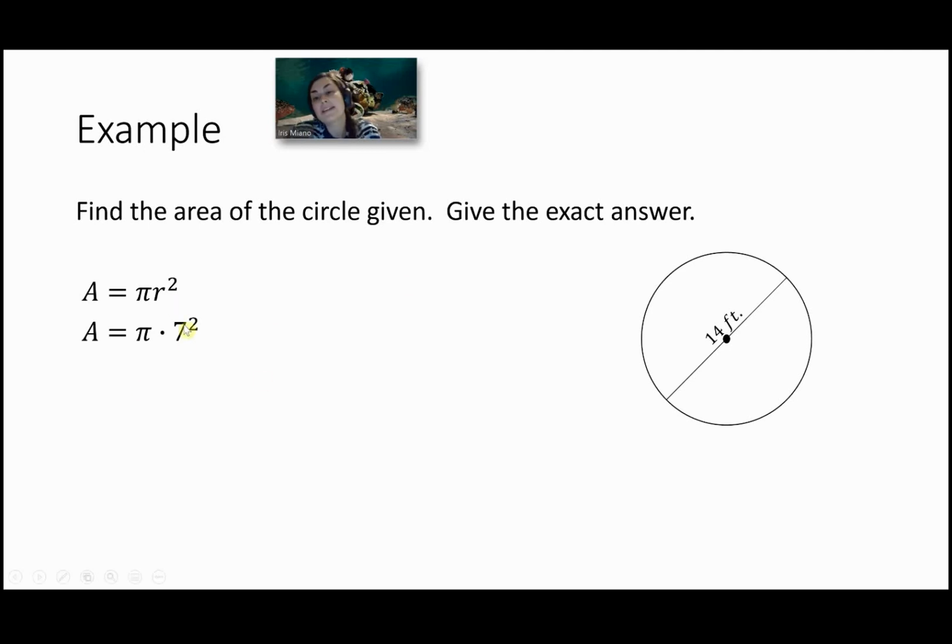So I'm going to plug in a 7 for r, not 14, because that's the diameter. And I'll square it, and I'll get 49. The pi just follows along, okay? And it becomes part of the final answer value of 49 pi feet squared, because we want to give an exact answer. We want that answer to still be in terms of pi, okay?